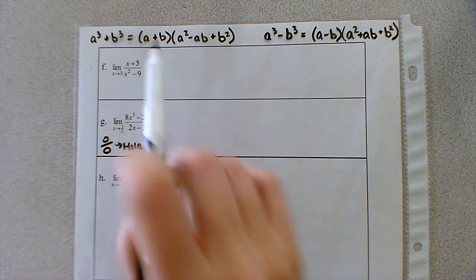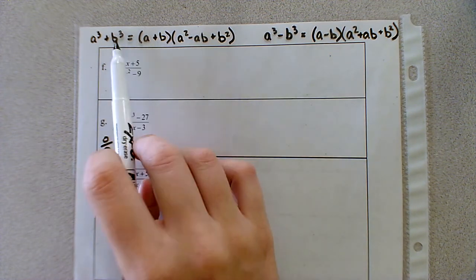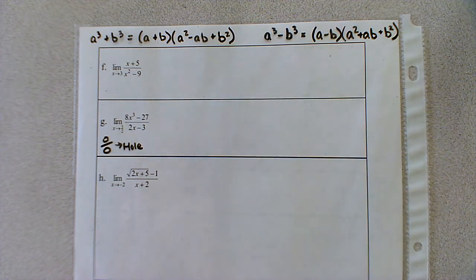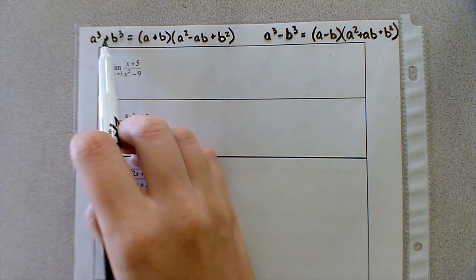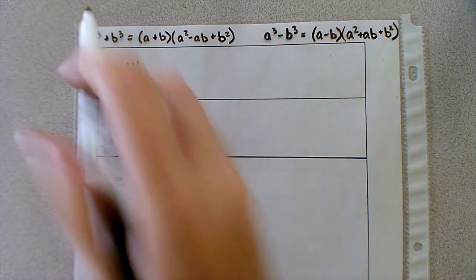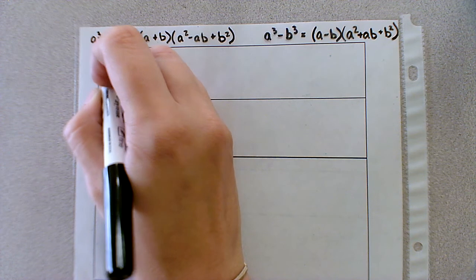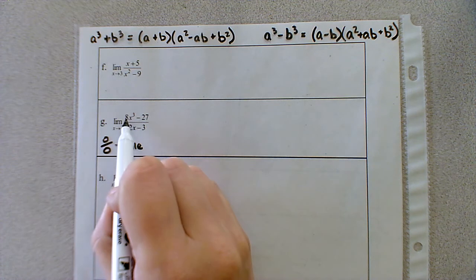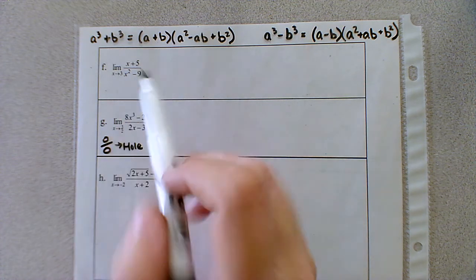So at the top of the page, I wrote down the factoring technique for these perfect cubes. Notice how you can either be adding them together or subtracting. That's a little bit different than the perfect squares technique, because in that case you have to be subtracting them. But we're going to go ahead and see how these can be used.